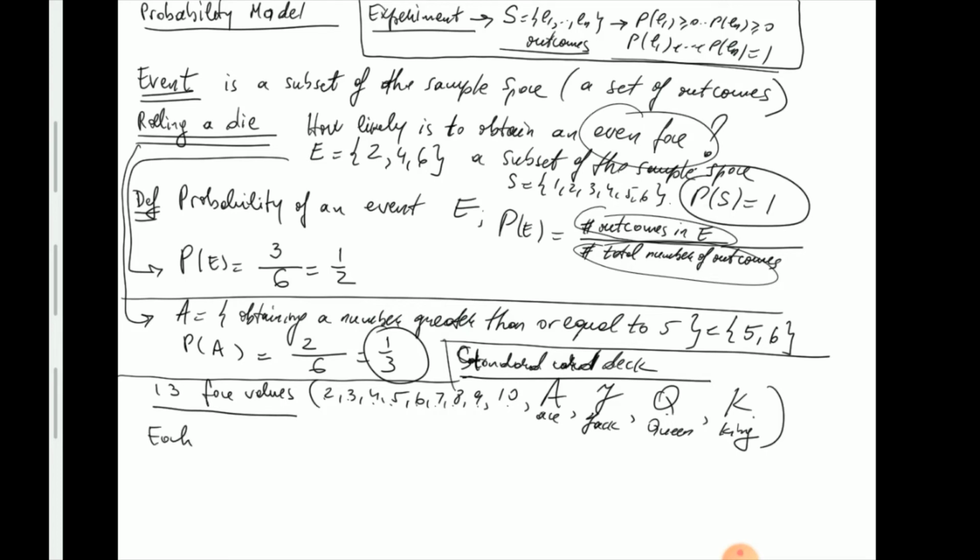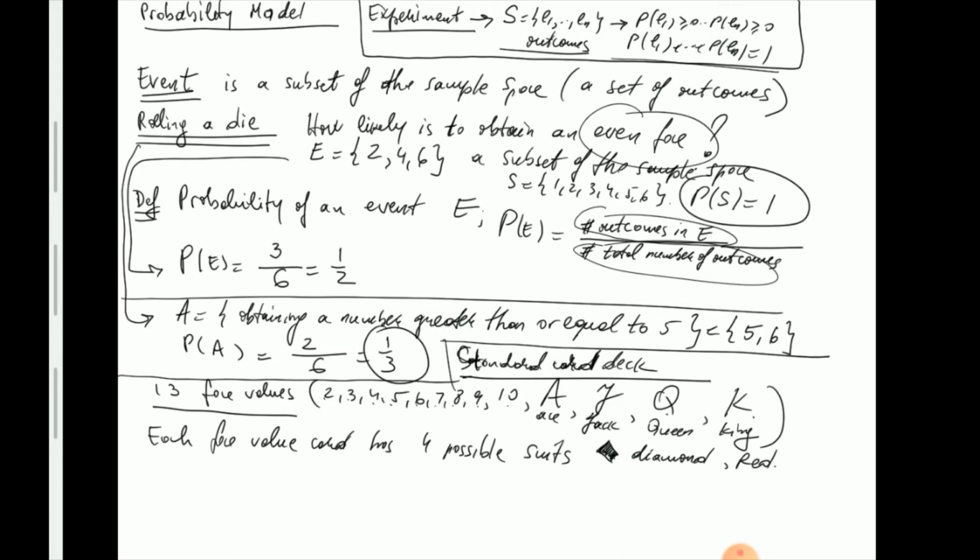Each face value card has 4 possible suits, which is basically just a little symbol attached to each face value. So the possible suits are diamond, which is red.